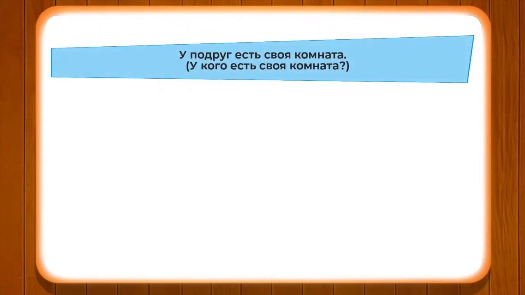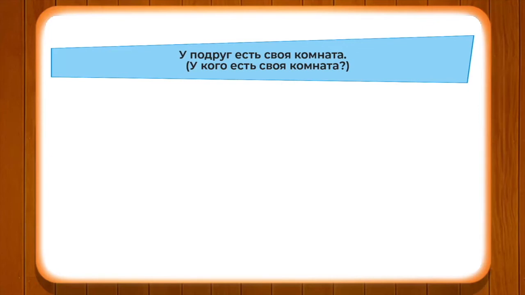Possession, belonging with the interrogative phrase у кого. Whenever we have у кого, it clearly indicates that it is animate. У подруг есть своя комната. Подруг is a plural form in this case for подруга. Подруга in nominative, подруги nominative plural, and подруг in this case plural. У подруг есть своя комната.